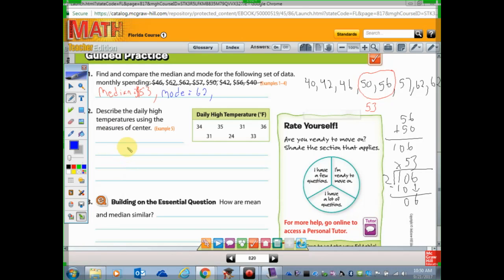What is the highest value in that data set? 62. What's the least? 40. So 62 minus 40 will give me 22. My range is equal to 22.